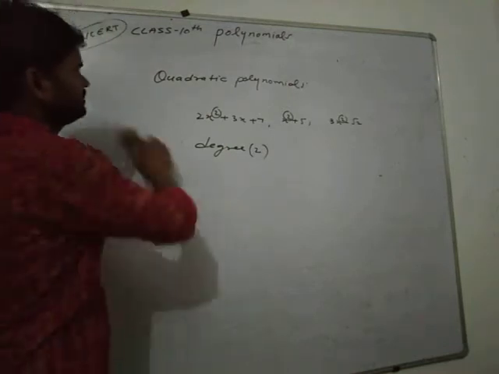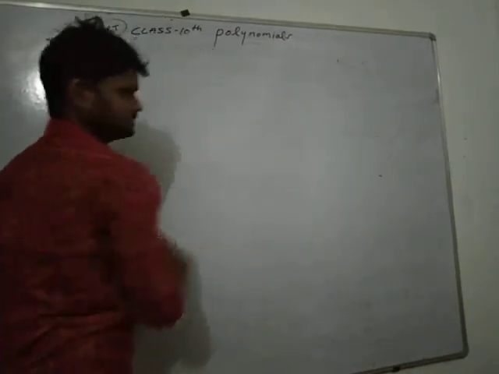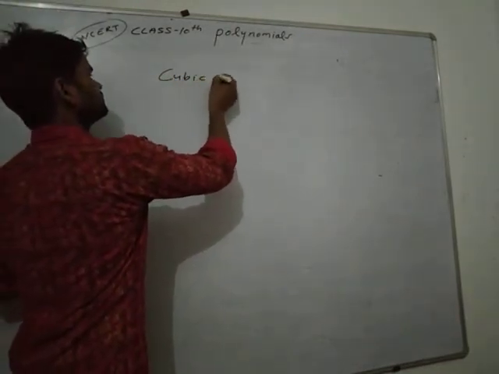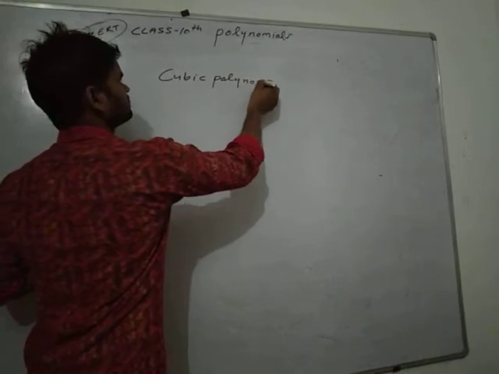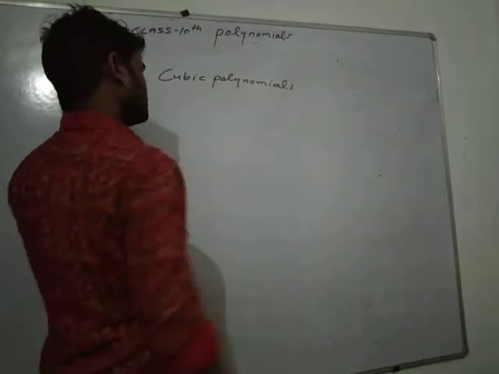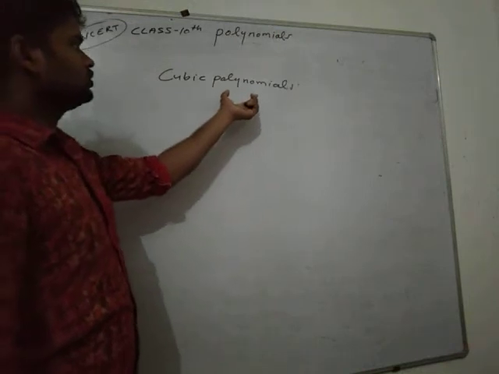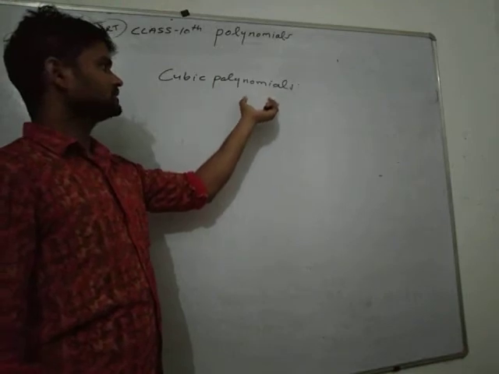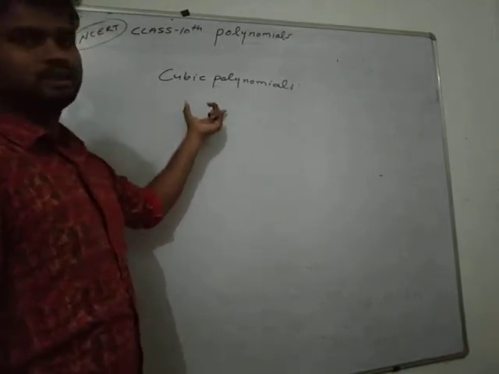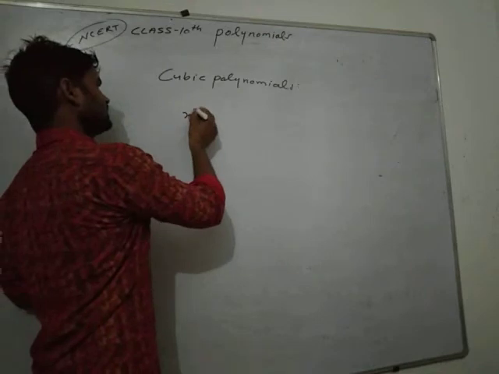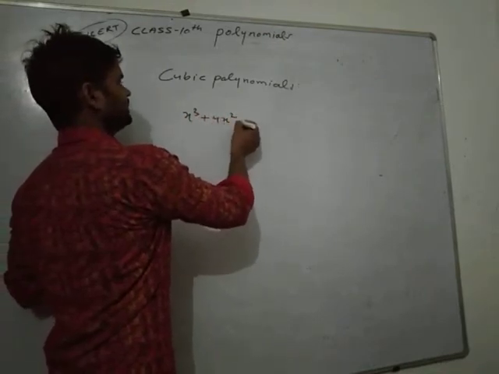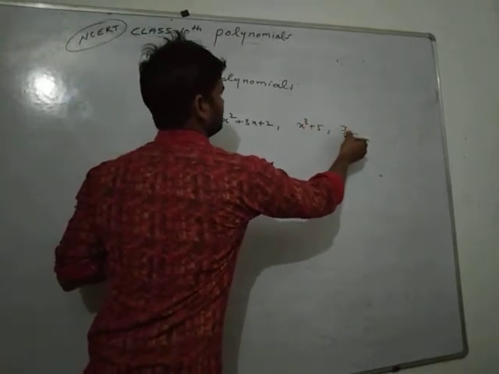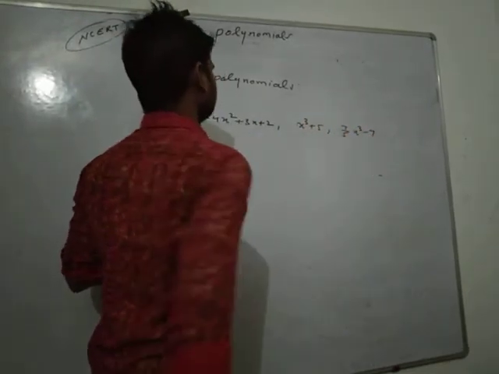Okay, student? Now, cubic polynomial. Cubic polynomials are those which have maximum power of x as 3. For example, x cube plus 4x square minus 3x plus 2, x cube plus 5, 7 by 5 x cube minus 7.